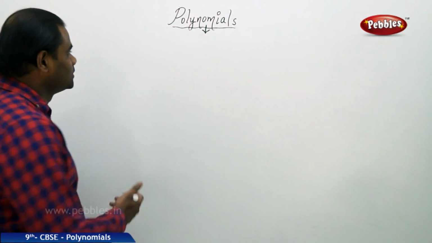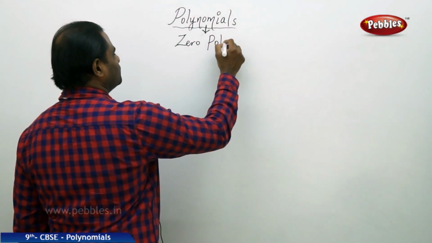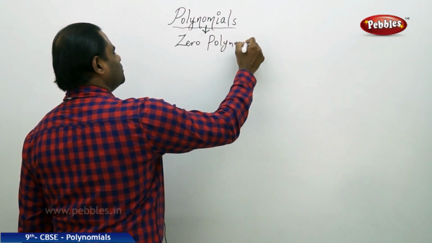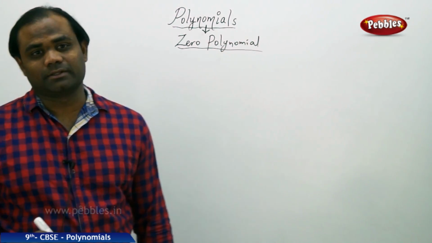The types of polynomials have their own types which we have discussed, but now let's enter into discussing the special types of polynomials. Zero polynomial plays a very vital role in the branch of mathematics.